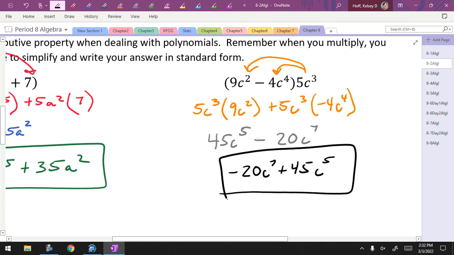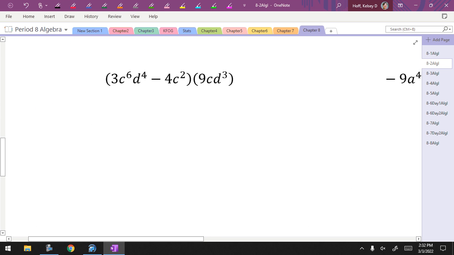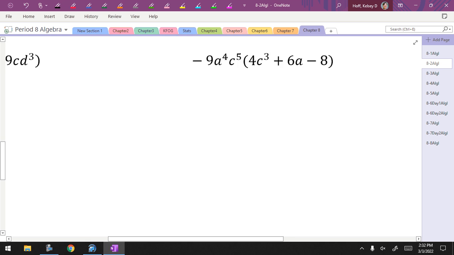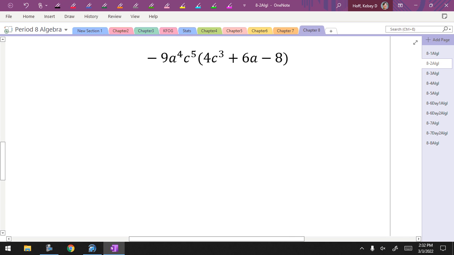So you're really thinking like, how is this going to get difficult, right? Now you're going to have multiple variables. Tell you what, let's jump to this one. Negative 9a to the 4th c to the 5th times 4c cubed plus 6a minus 8. What am I distributing? A negative. Pay attention to that, right?